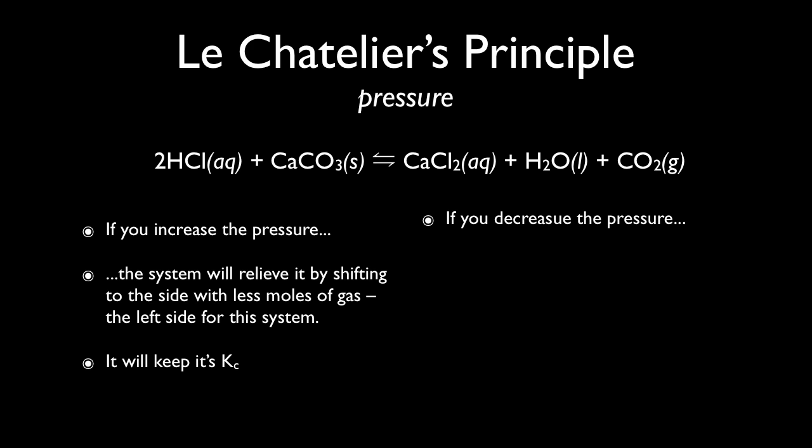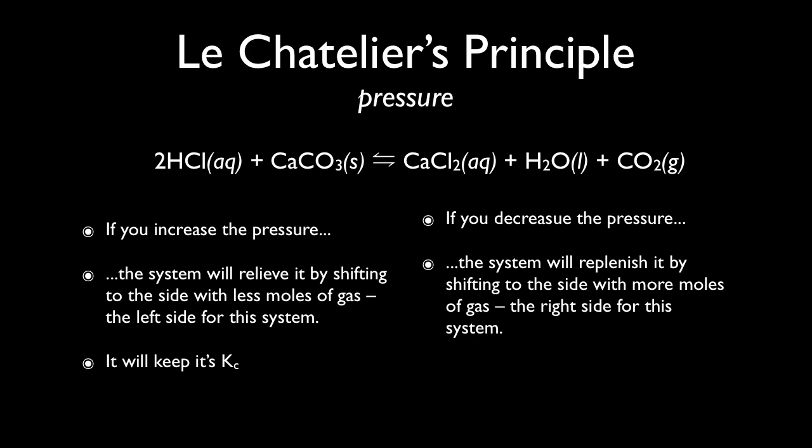Conversely, if you decrease the pressure, the system will replenish that missing pressure by shifting to the side with more moles of gas. In this case, it'll move to the right side, making more carbon dioxide to make up for the missing pressure. And again, the equilibrium constant will remain the same.